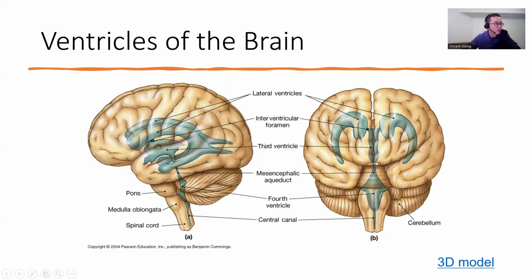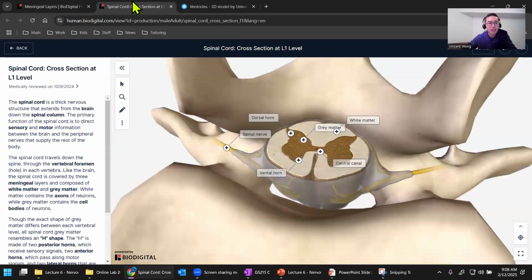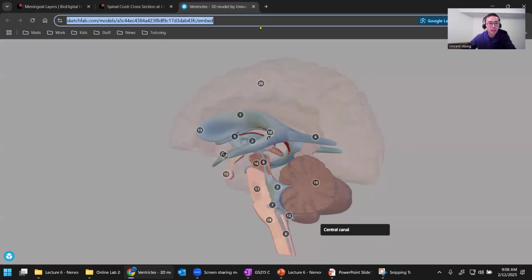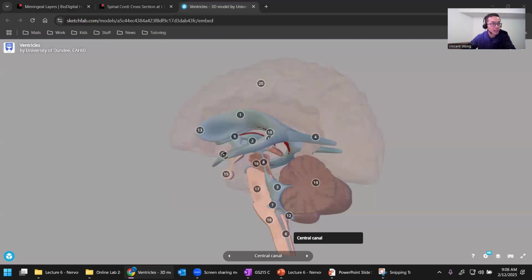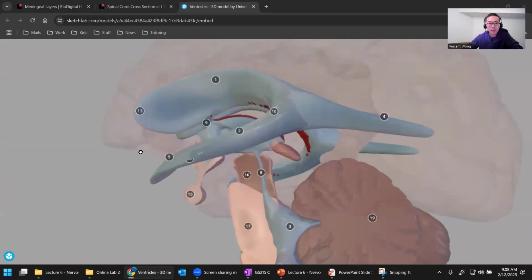All right, let me try to show you the 3D models. 3D models right here. I'll post it in the chat again. By the way, all these is on the Luminate platform. Okay, I have a folder called 3D models. It's getting more complicated now. It's not like the heart and the lungs where it's very easy to visualize. For the brain, you really need to study it with a 3D model, okay?